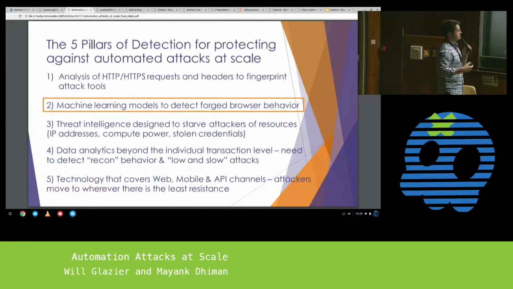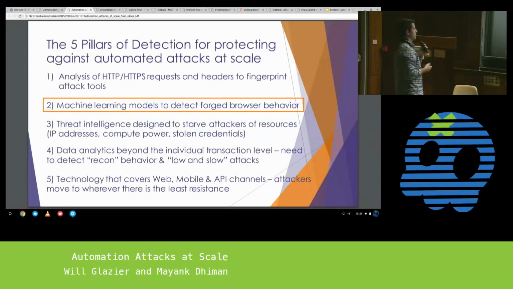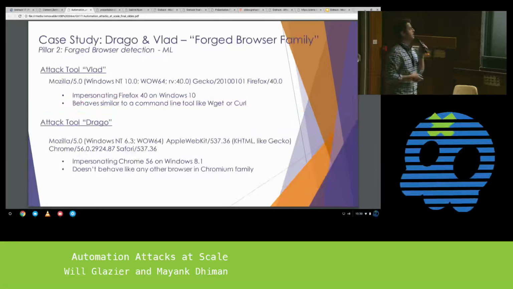And the second pillar of detection goes hand in hand with the first as far as fingerprinting these requests. We've developed some machine learned models to detect what we call forged browser behavior. What that really is, is understanding what certain browsers look like in your environment and then finding deviations from that norm when they're saying, according to the user agent string, that they are a certain browser.